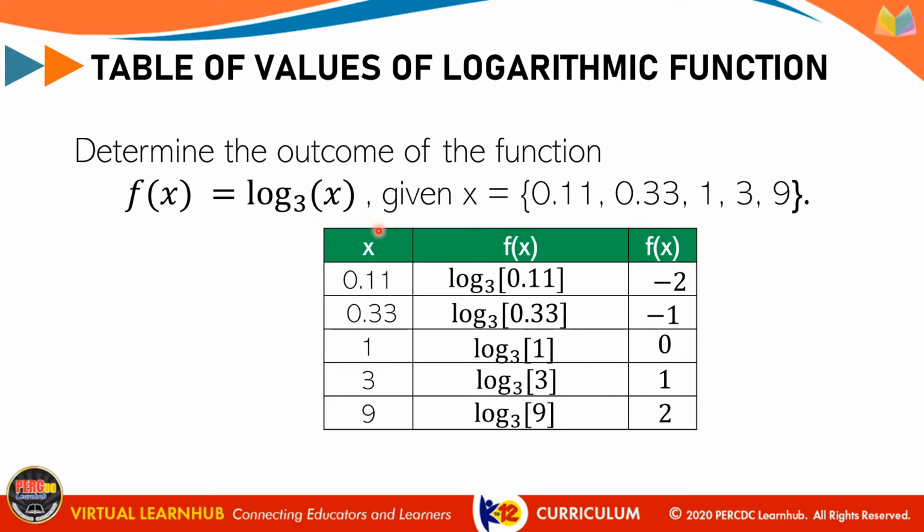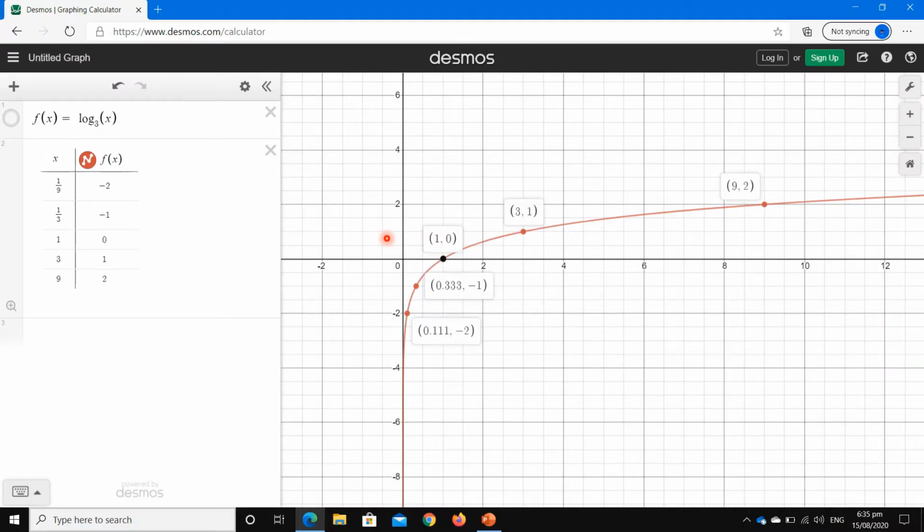Now that we have the following x and y values, these points can now be plotted on our Cartesian plane. Again, for our function f of x equals log of x to the base 3, we acquired the following set of points: x equals 1/9, y equals -2; 1/3, -1; 1, 0; 3, 1; and 9, 2.